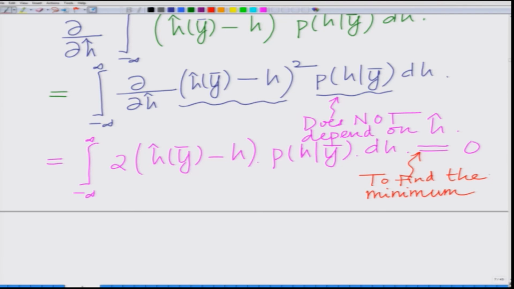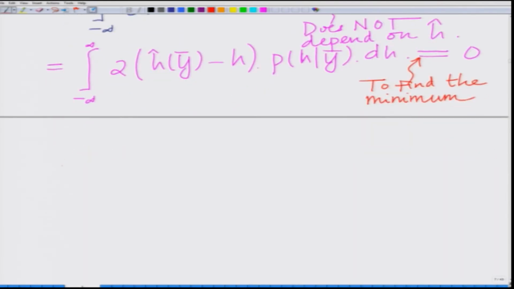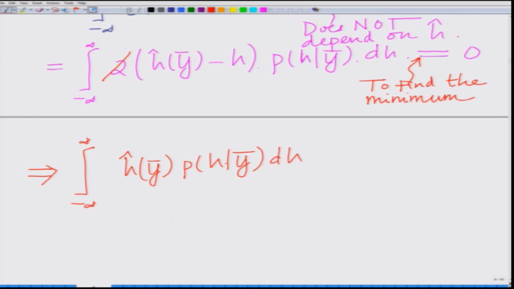This implies, the 2 cancels because we have 0, so h hat of y bar times the integral of p of h given y bar d of h equals the integral from minus infinity to infinity of h p of h given y bar dh.